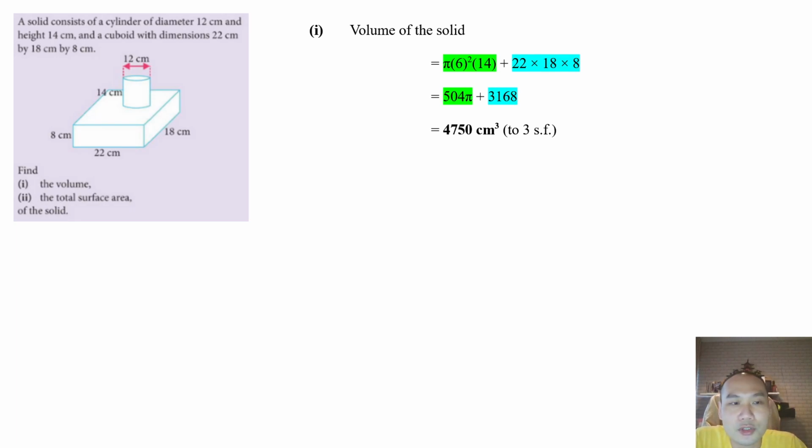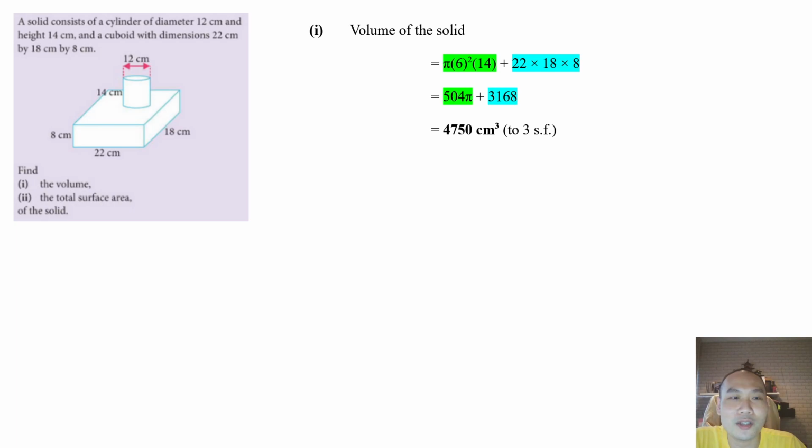So here's quite interesting, because if you look at it from the bottom view, it's just a rectangle from the cuboid. The side view, you get the rectangles of the cuboid all there. Now, if you look at it from the top view, just use your imagination a little bit. The top view, despite there being a cylinder there, is actually still just the rectangle, right? It's still 22 by 18.